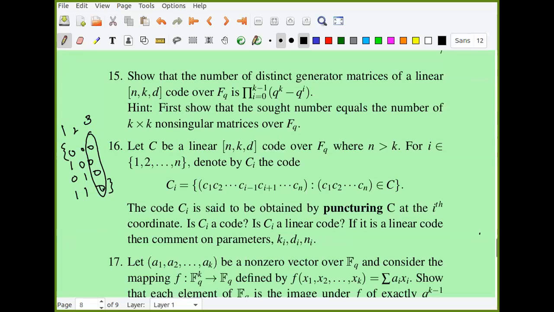How many code words are there with zeros? All of them have. Second row, second position. How many code words with zeros are there? Two. First one, two. So can you make a conjecture?